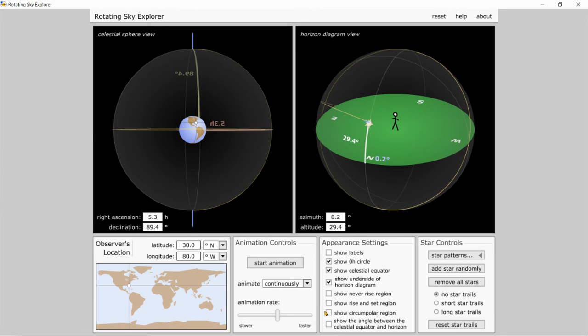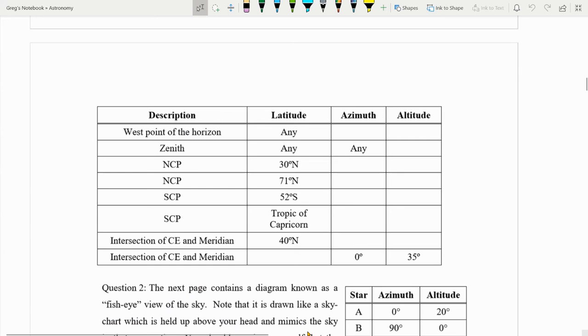So our azimuth is 0.2 and our altitude is 29.4. So you'd put 0.2 and 29.4.